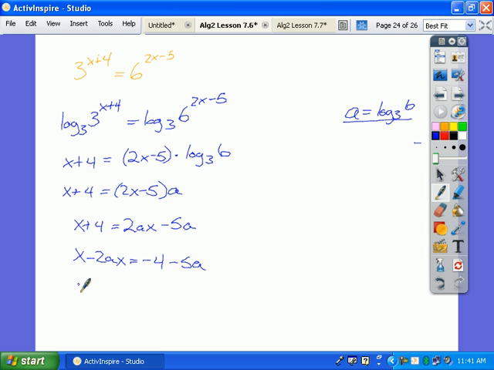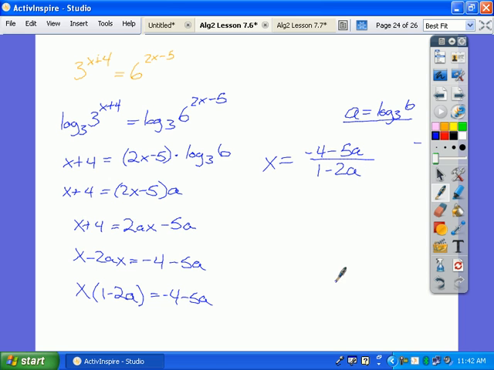So x, and then this would be 1 minus 2a, which again is just a number. 1 minus 2a is some number. And so if I want to solve for x, the only thing I need to do now is divide by 1 minus 2a. So x equals negative 4 minus 5a divided by 1 minus 2a.